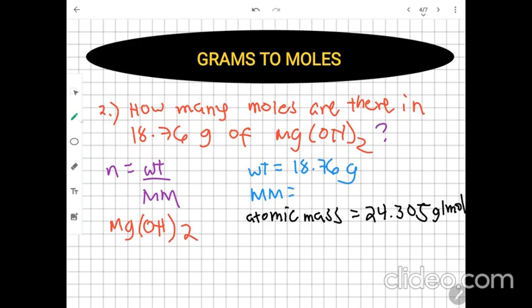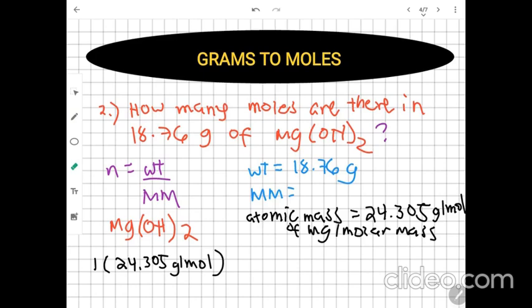Now let's have our magnesium. We have one magnesium atom, so 1 times the molar mass of our magnesium, which is 24.305 grams per mole.